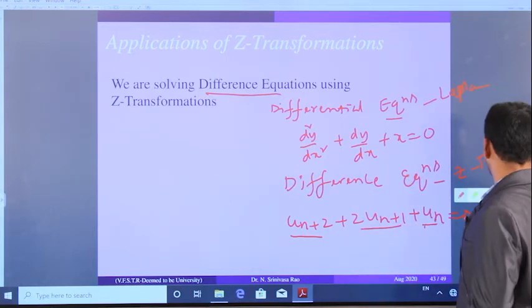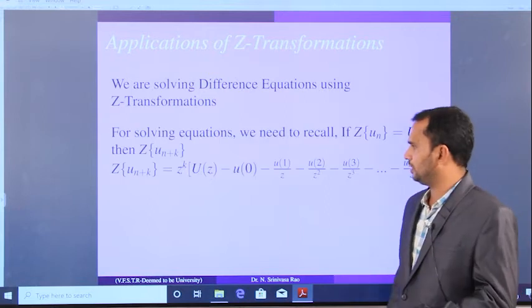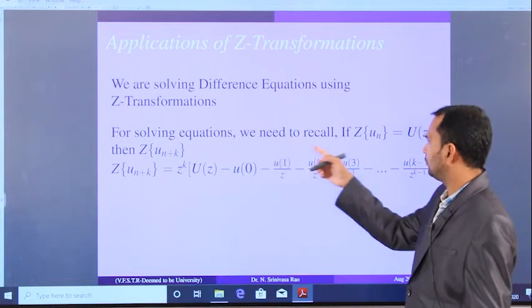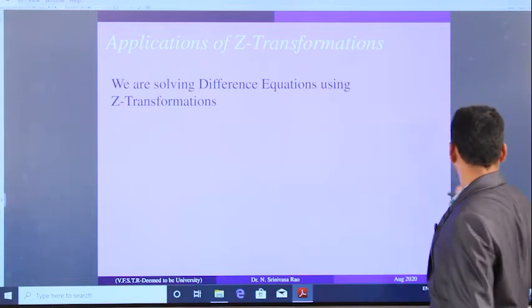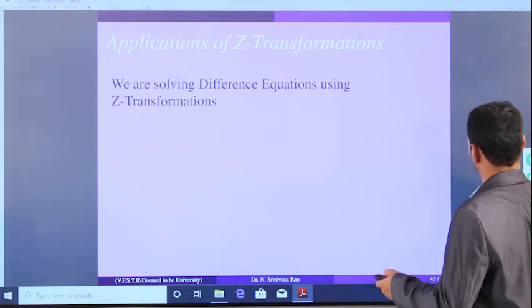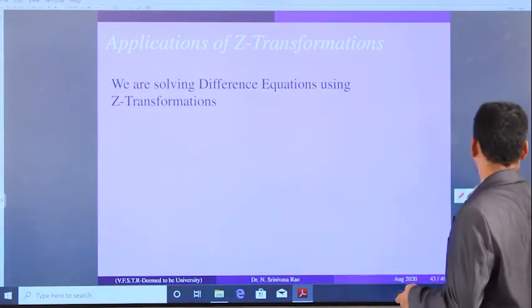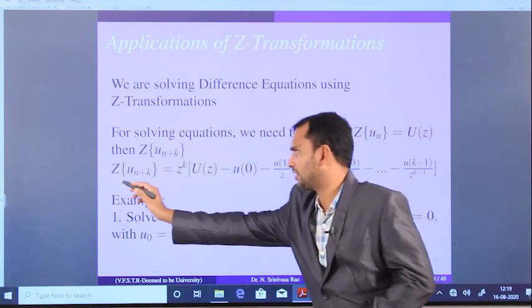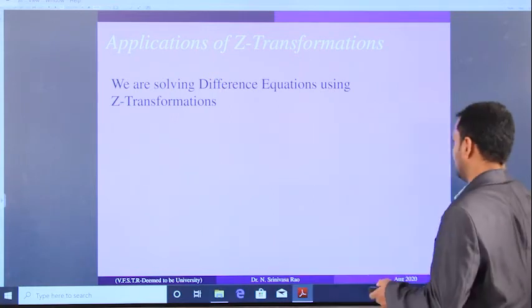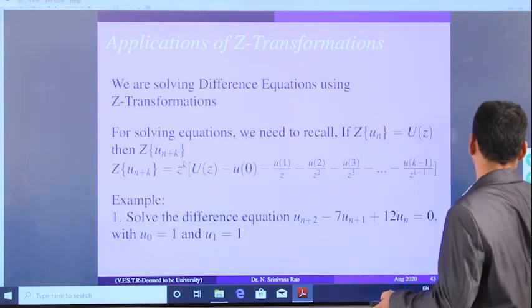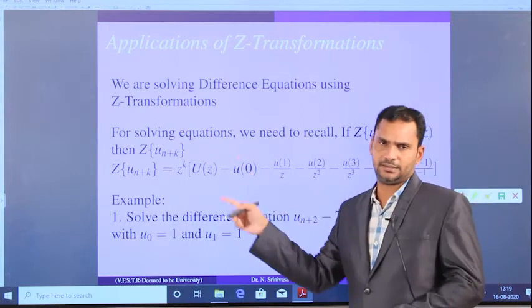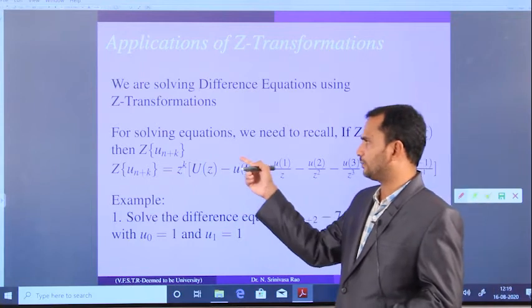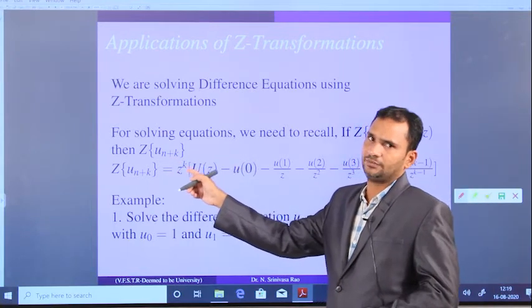Now we are going to go by one example. Before solving the first example, we need to recall this. Everybody familiar with this? What is this? Z of u n plus k. This is called the shifting property. We already learned it in the previous class. This is called shifting to the left.